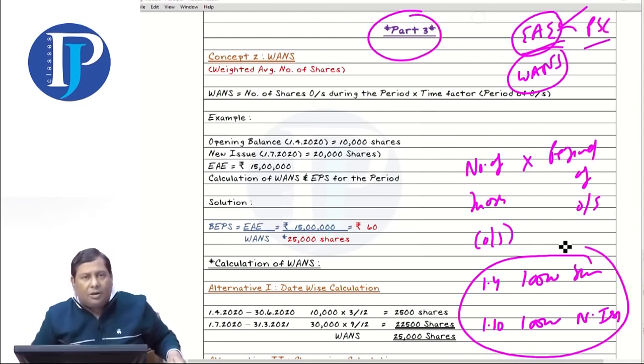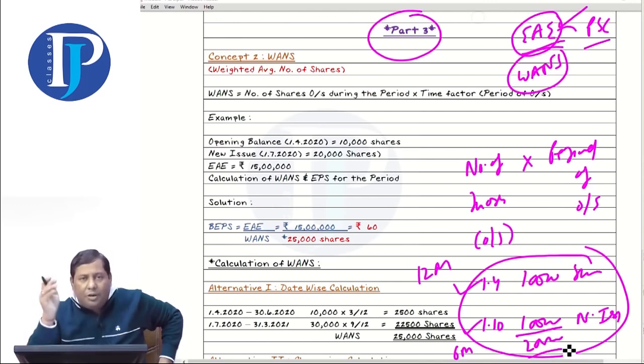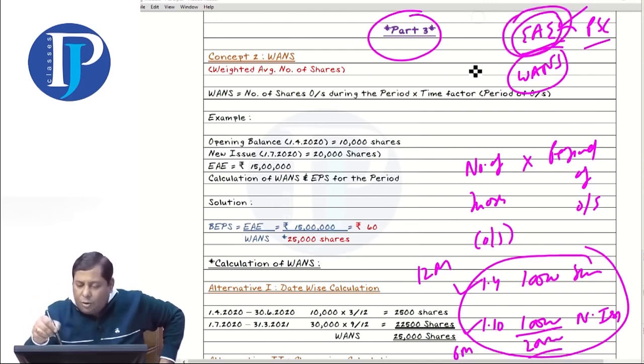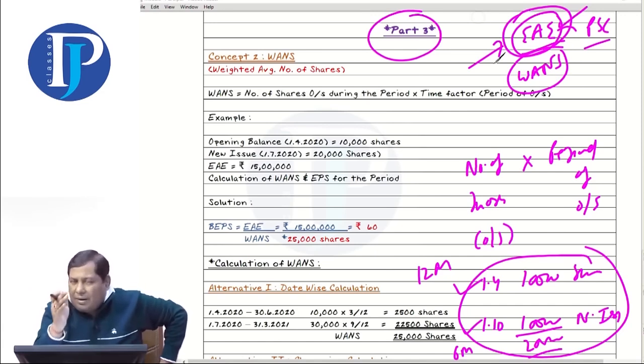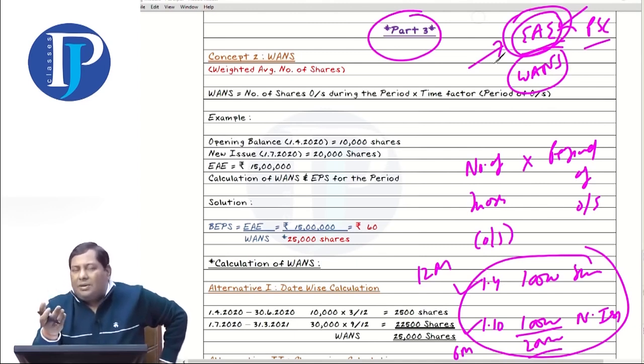It's important to count the time factor on this. Money of some shareholders is used for 12 months and you have used the money of others for 6 months. So simply it's 20,000. But the funds are not actually contributing 20,000 in this. Money of 10,000 shares is invested for 12 months. The rest of the 10,000 shares is invested for 6 months.